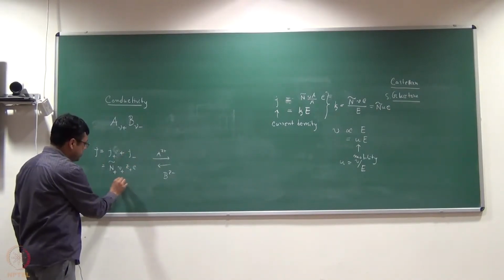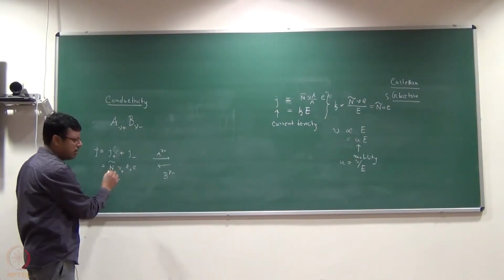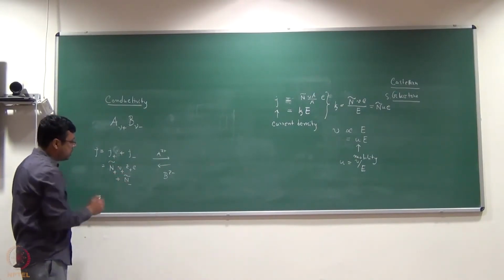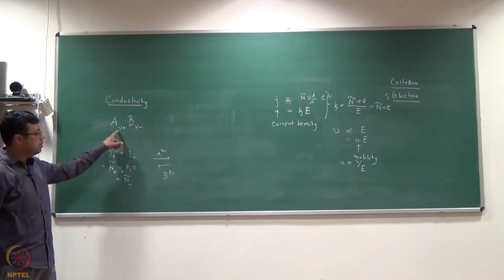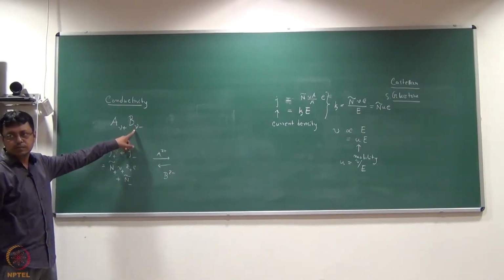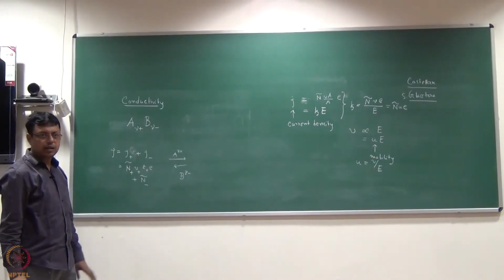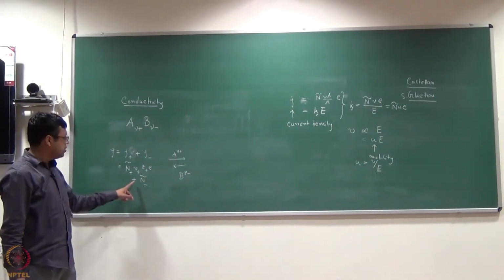For anions, these are moving in the other direction, but let me just write it in this way. I have, say, n−. Of course, n+ and n− will be different because it will depend on the stoichiometry. If ν+ and ν− are the same, then they are the same, otherwise they are different. So for anions, I will have n−.